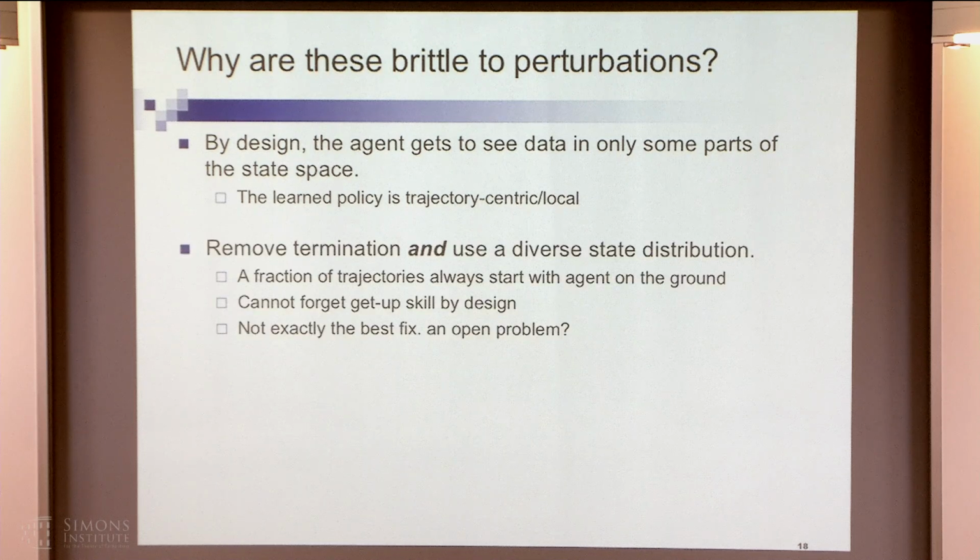So the naive thing is we're just going to use a diverse initial state distribution, see if there's differences in these policies, and I think it's an open problem how to really deal with robustness issues more generally.